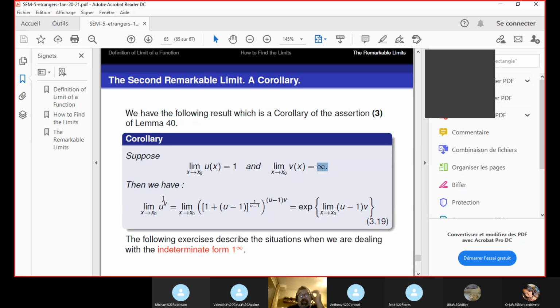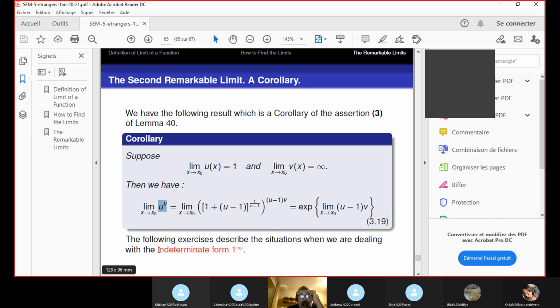In this case, if I want to find the limit of u to the power v, it will be the exponential function of the limit as x goes to x0 of (u minus 1) multiplied by v.